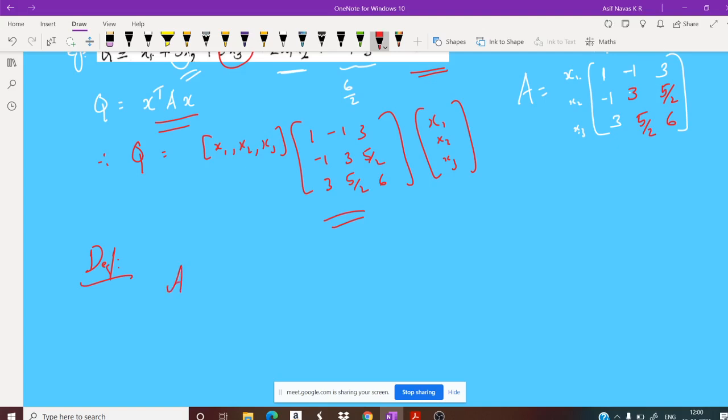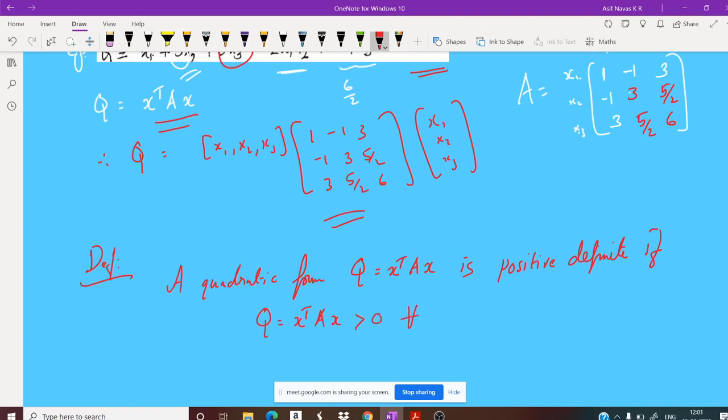A quadratic form, you note it down. A quadratic form Q equal to x transpose Ax is said to be positive definite if Q equal to x transpose Ax is greater than 0 for all x not equal to 0.